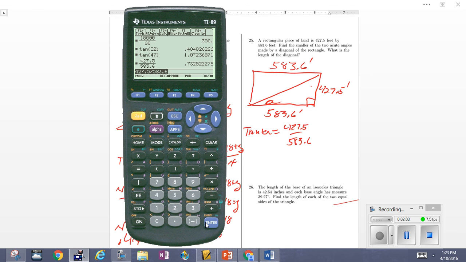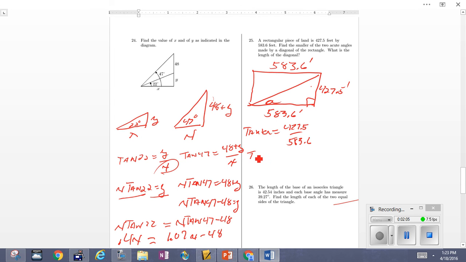So I have that the tangent of the angle A is 0.7325, and I want A. A is going to be the inverse tangent of 0.7325. So let's go back and find that.